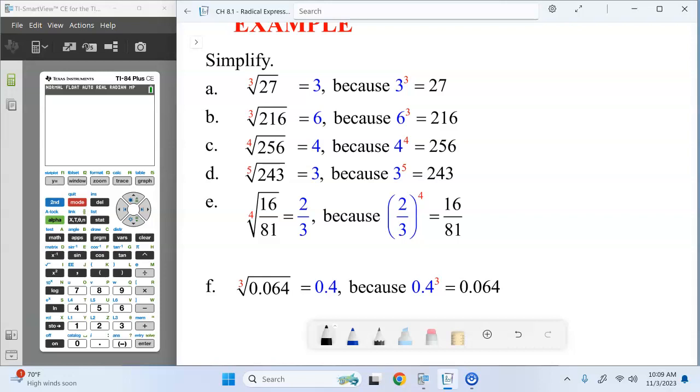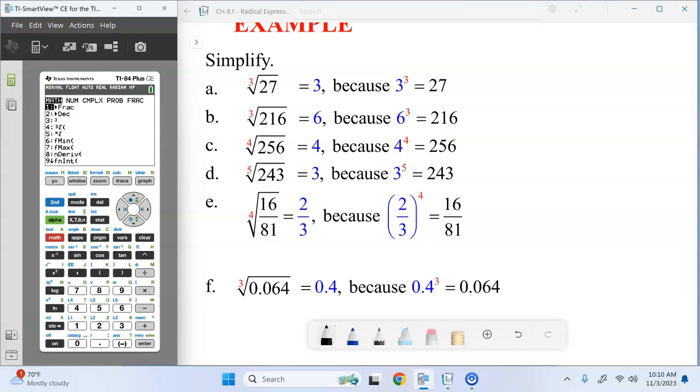Your calculator will evaluate these. Your TI-84, if you want to do square root, it's listed here above the x squared. You just have to use the second key to get square root, and you can plug in a number like 16 and get your square root. If you need to do third root or higher, it's going to be listed underneath the math function. When you click math, it gives you your list. 4 gives you third root automatically.